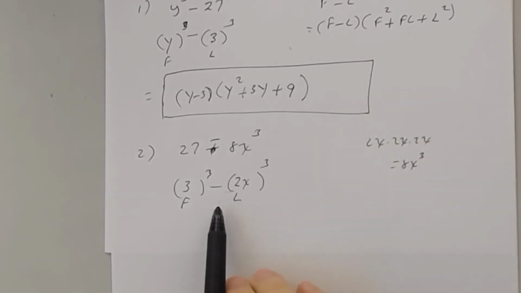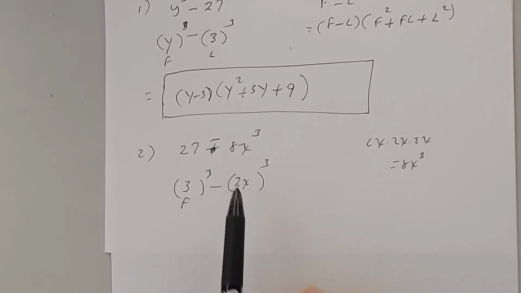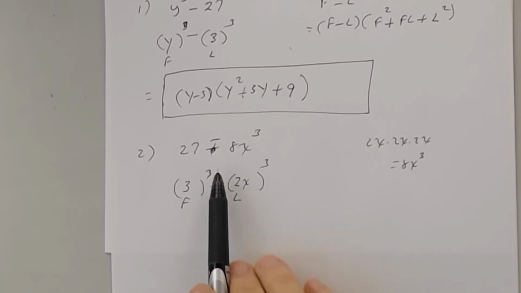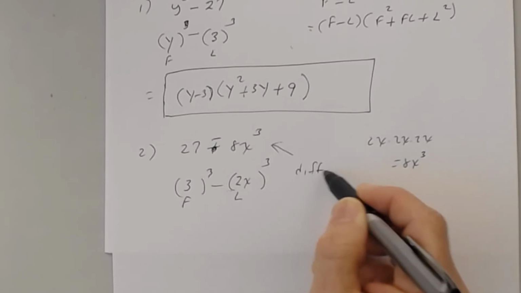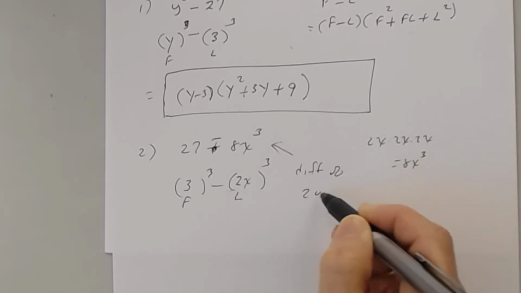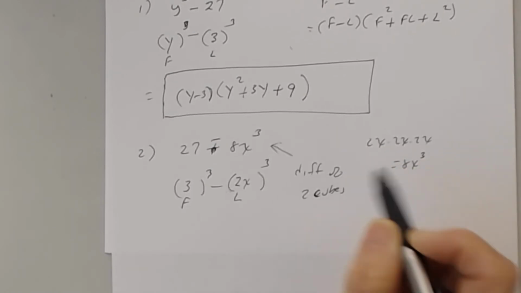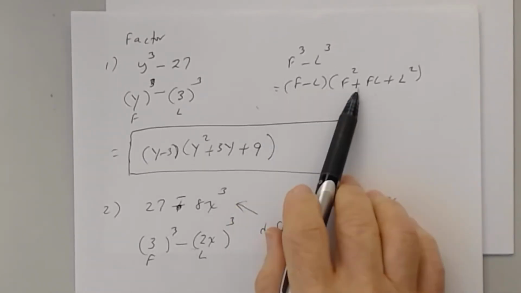So now ask yourself, is this the difference of two cubes? Yes or no? Yes. You filled in the parentheses. So this is the difference of two cubes. So I can factor using this formula now.